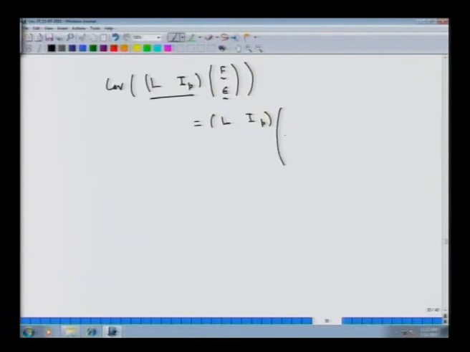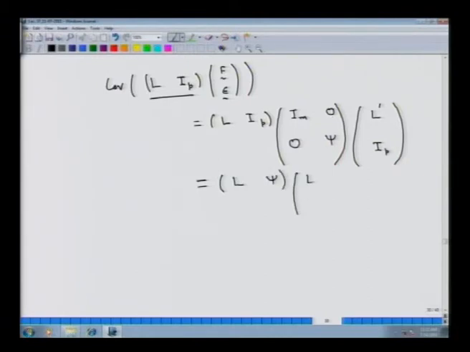So, this is I_m, null, null matrix, psi matrix, and then the transpose of this is going to come here. So, that is (L transpose, I_p). Now, if we take the multiplications, this multiplied by this is going to lead us to L, and (L I_p) multiplied by this is going to give us psi, and then this is (L transpose, I_p).